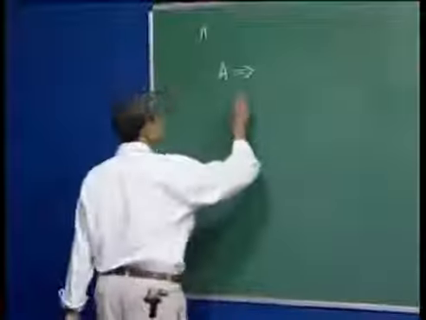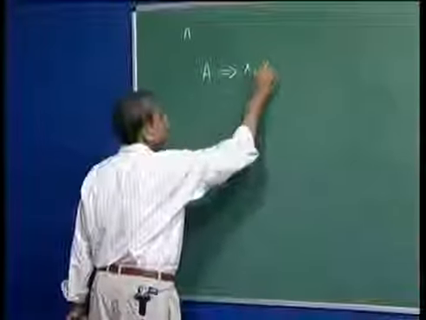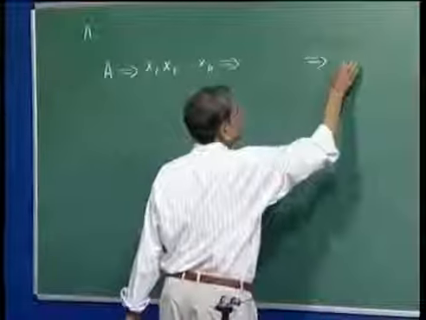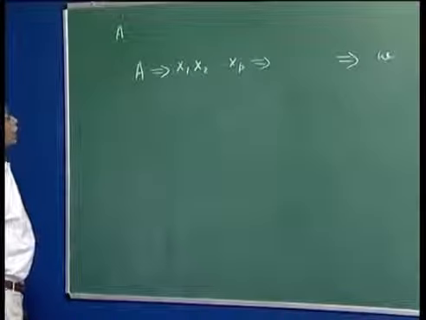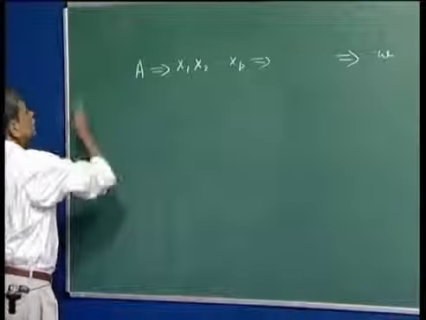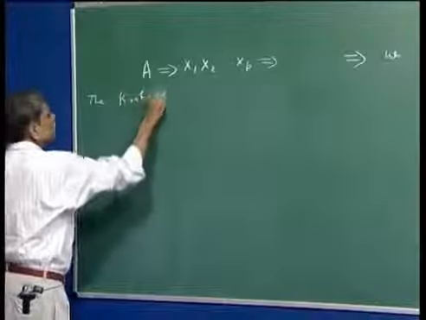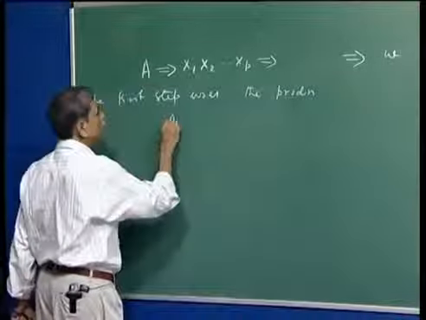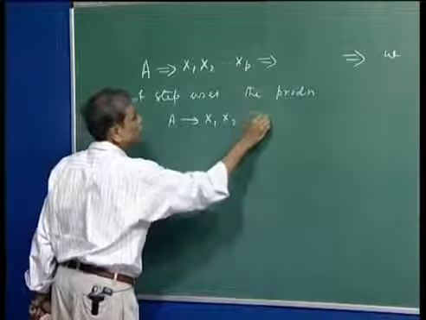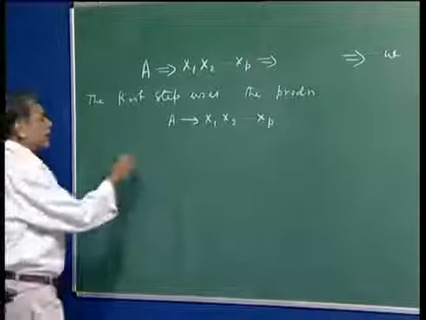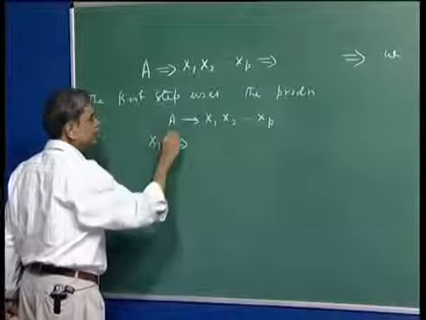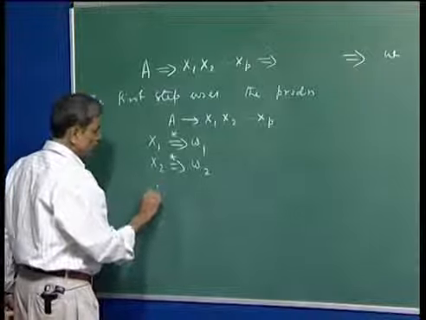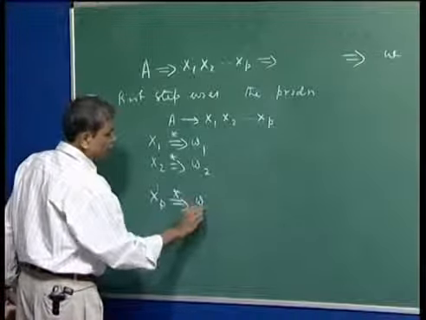So let us say the first step is A goes to x1, x2, xp, and then I have n more rewriting steps to eventually get W. So the first step uses the production A goes to x1, x2, xp, and let us say that eventually x1 gets rewritten in this derivation as W1, x2 as W2, and xp gets rewritten as Wp.